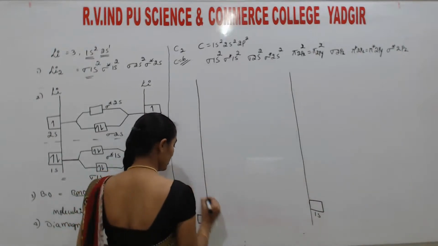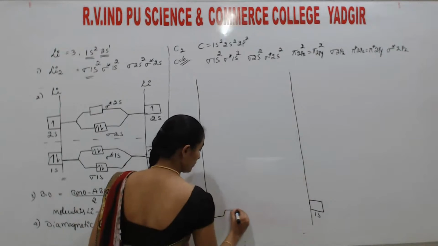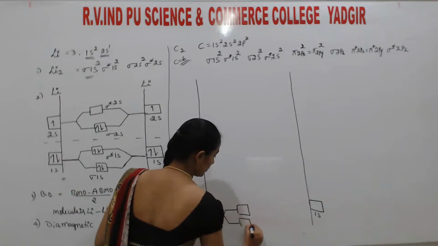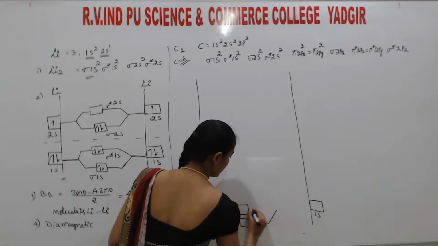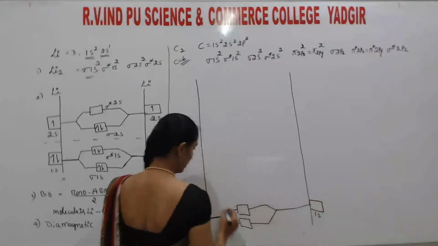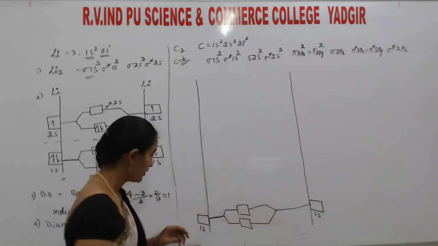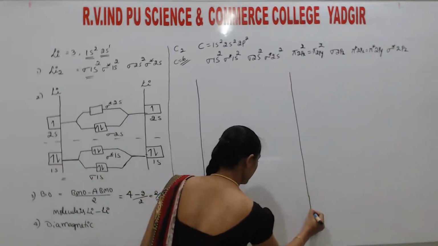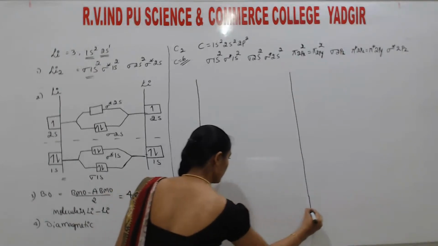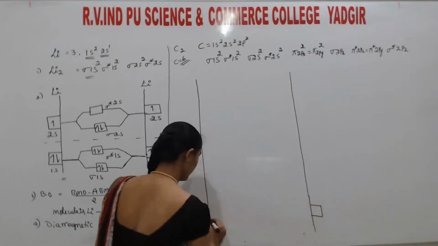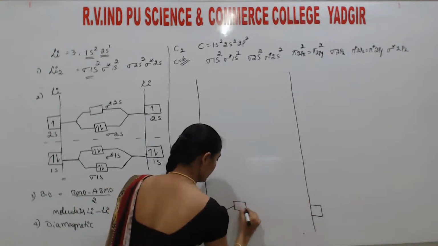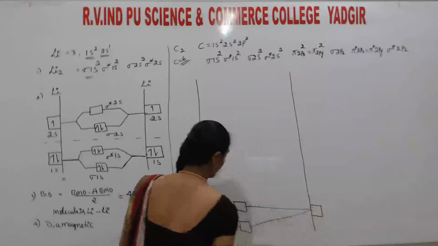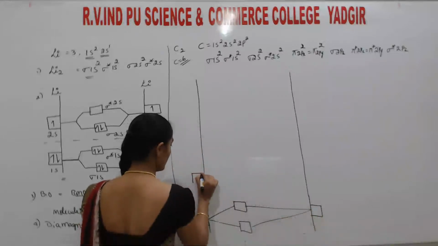Of course, they form 2 molecular orbitals. I will just write here. Next, 2s.